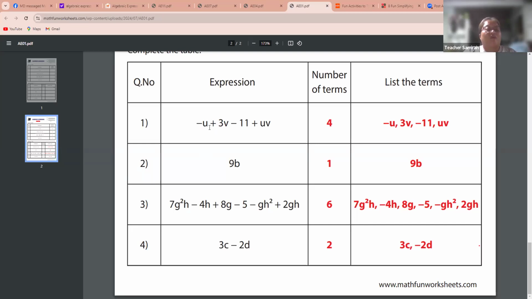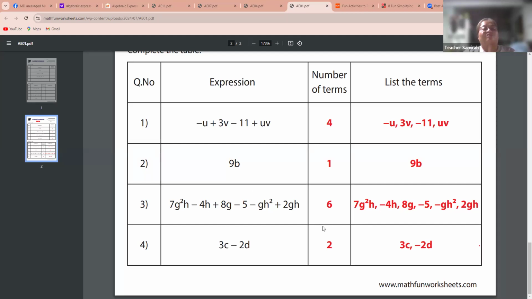If you can see the operation between the two terms, or between a variable and its coefficient, then it must be considered as two terms. How many operations can you see? 1, 2, 3. And then we have 4 terms. So the operation is the one that separates the terms.